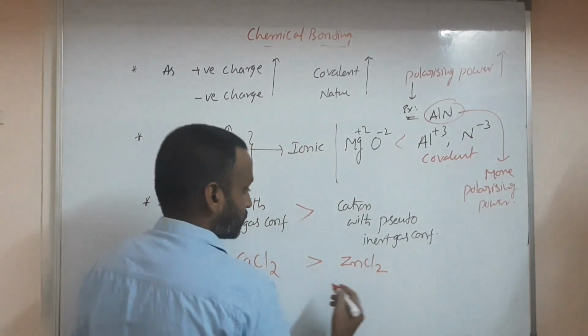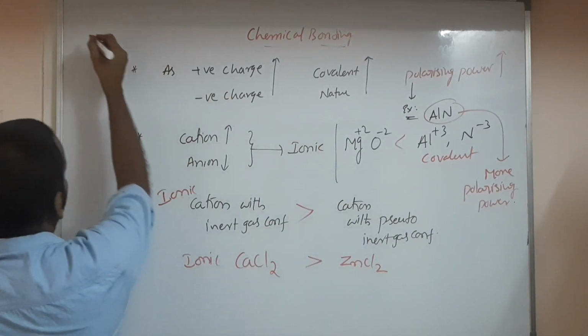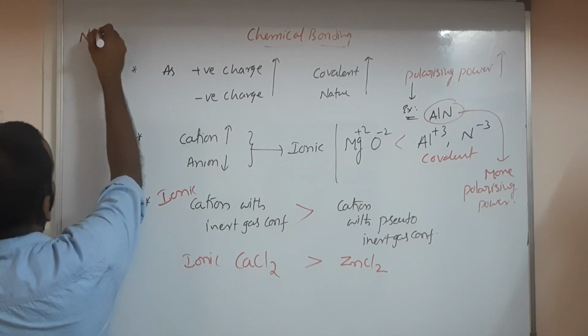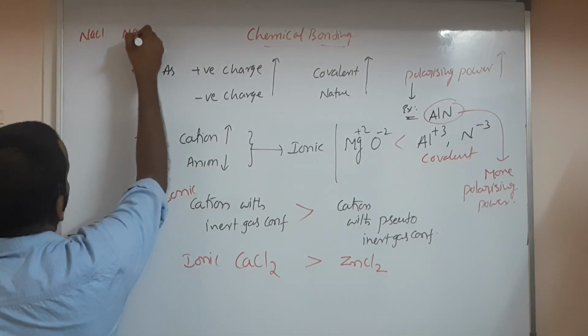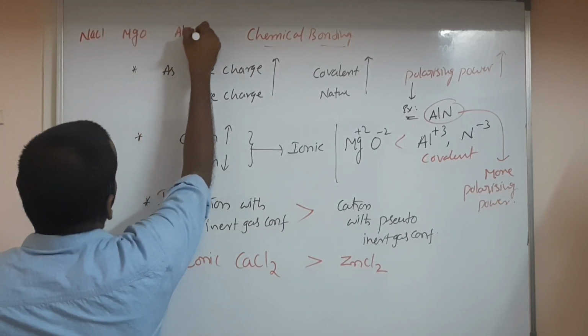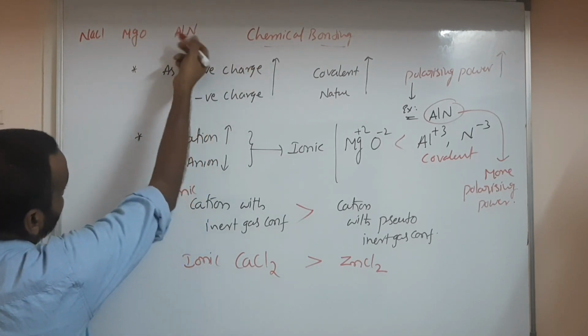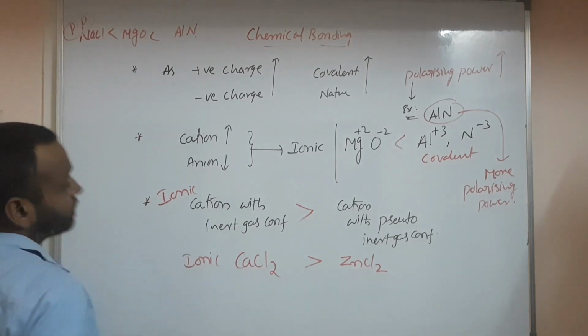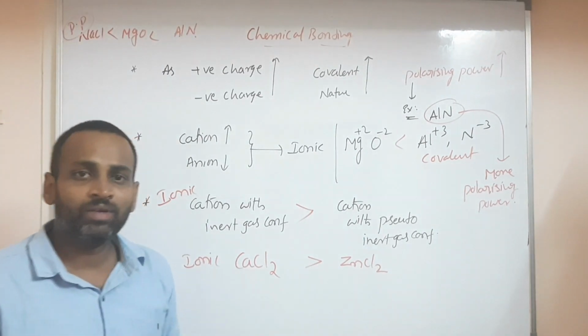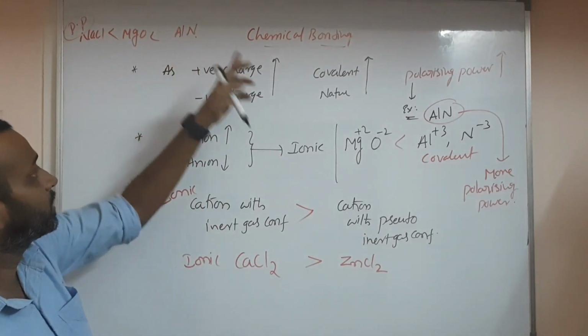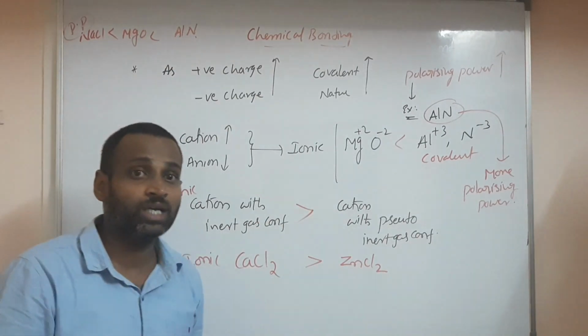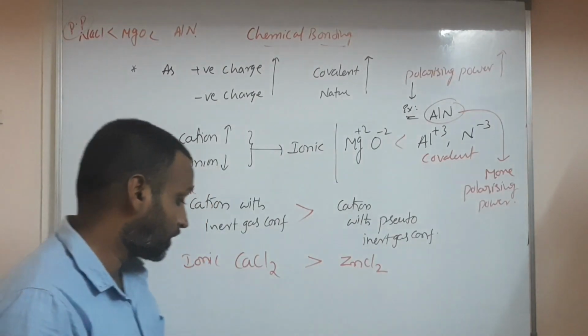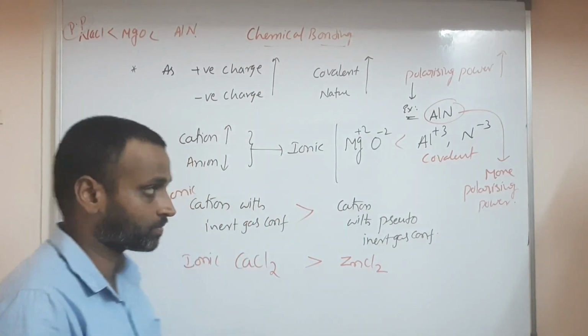Very important. They'll ask you polarizing power questions like this. Suppose NaCl, MgO and AlN: who is having more covalent character, or who is having more polarizing power? AlN, as the positive charge is more, so polarizing power is more.